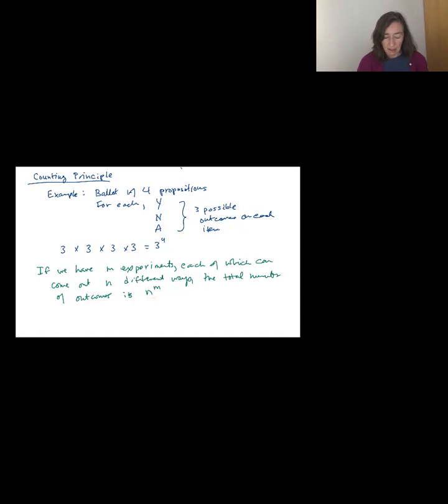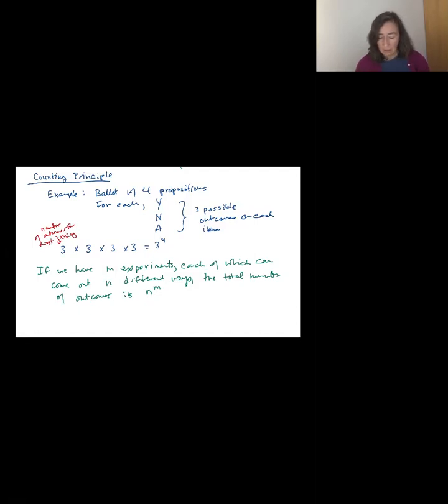And how many terms are there going to be in this product? That's going to be the number of experiments. So let's annotate that here. Each factor is the number of outcomes for the first experiment, the first initiative, the first thing, whatever it is.